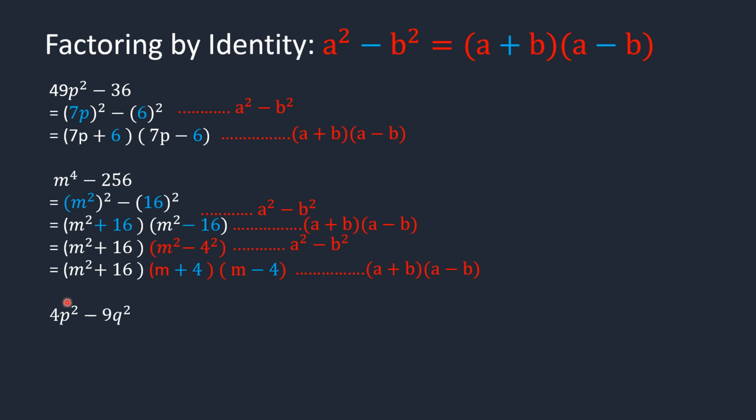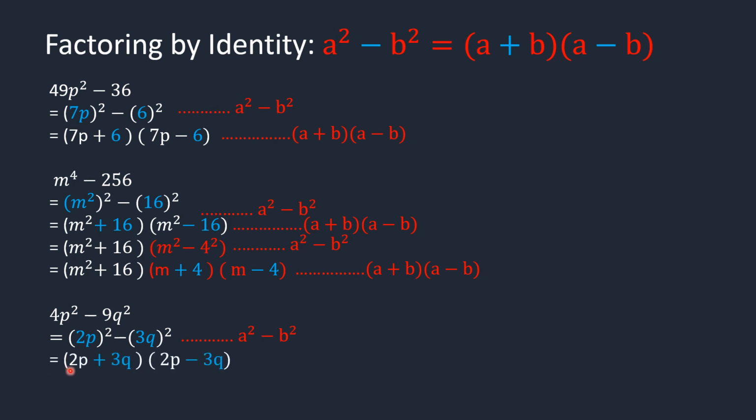Next, 4p squared minus 9q squared. Here 4p squared and 9q squared are perfect squared quantities. We will write 4p squared as 2p whole squared and 9q squared as 3q whole squared. This is difference of two squared quantities according to a squared minus b squared.